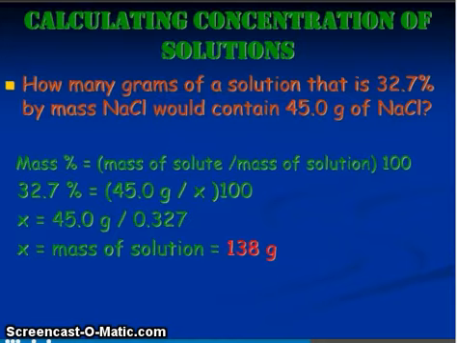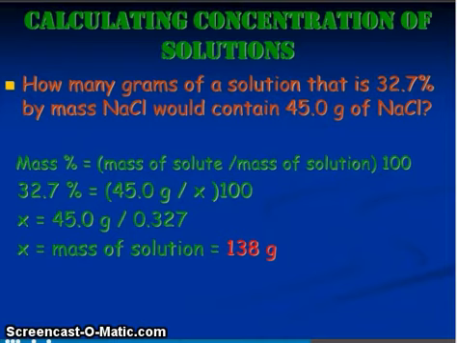So friends, if you have many grams of a solution that is 32.7% by mass sodium chloride and contains 45.0 grams of sodium chloride, first you calculate the mass percentage: mass of solute over mass of solution, times 100.